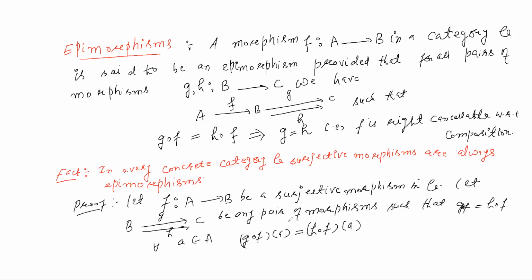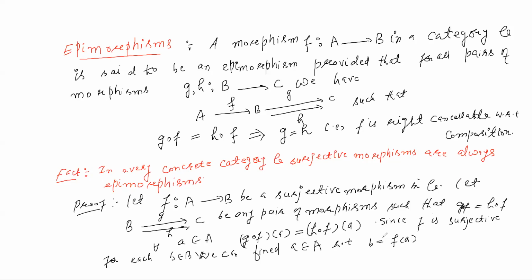Now since F is surjective, it means for each b in B we can find a in A such that b equals F of a, by surjectiveness.